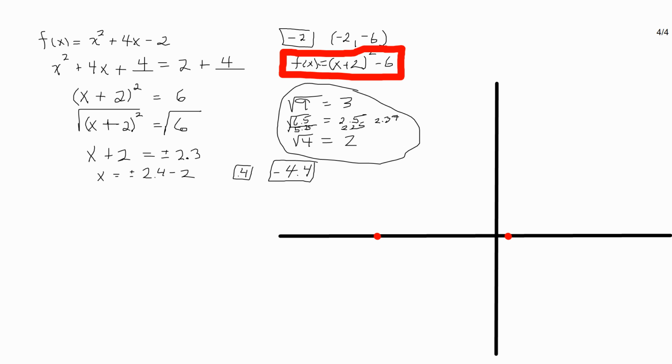Dang old y-intercept is negative 2. 1, 2. And our vertex is negative 2. 1, 2. Negative 6 is down here somewhere. And there is your parabola.